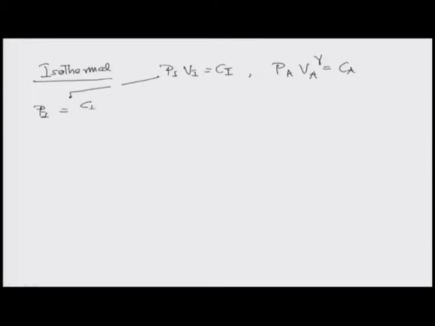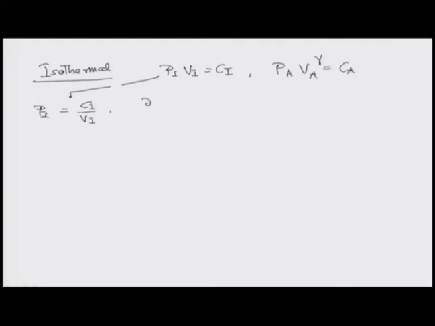Okay? So, isothermal process. In isothermal process, I have Pi Vi is equal to Ci, whereas in the adiabatic process, I have Pa Va raised to the power gamma is equal to Ca. Okay? Now, let us refer to isothermal process. Pi is equal to Ci by Vi.